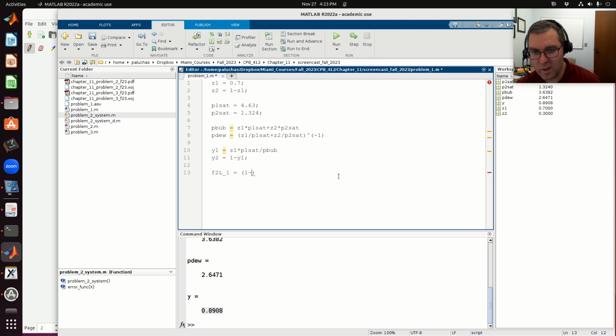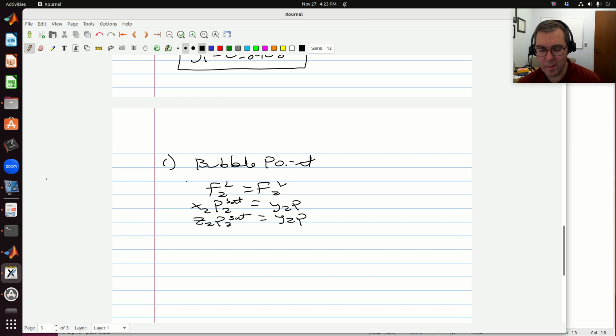So it's going to be equal to y2 times p, where p is p bub, since I'm at my bubble point. So I did y2 times p to calculate the fugacity of 2 in my vapor phase, which should be equal to the fugacity of 2 in my liquid.